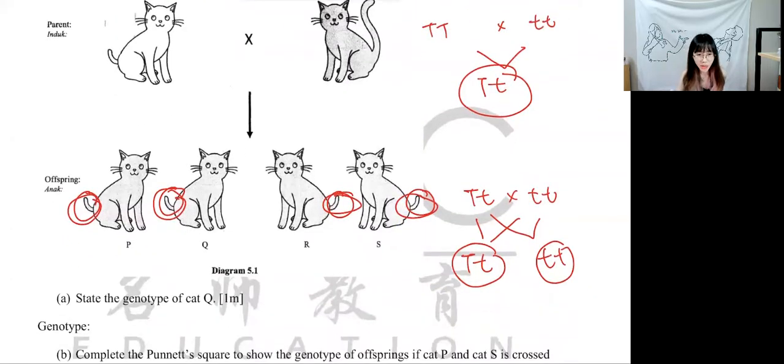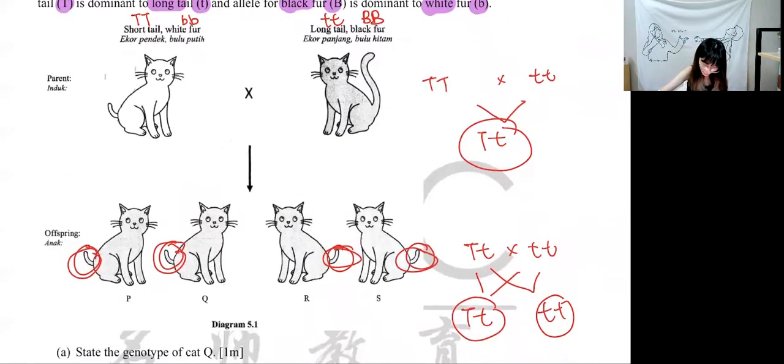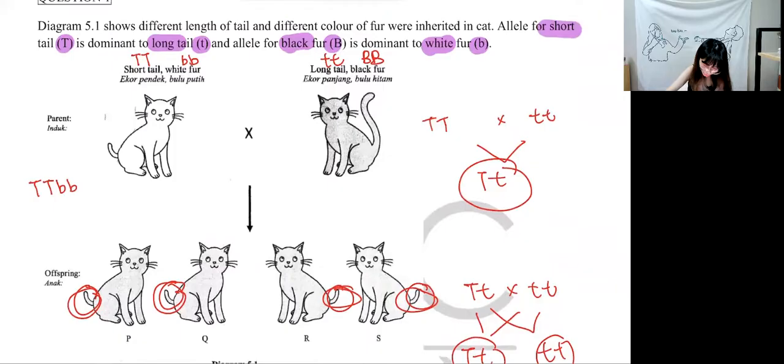Okay, state the genotype of cat Q. So cat Q will be big T, small b, and then small t, big B. Do we actually need to write this combination out?